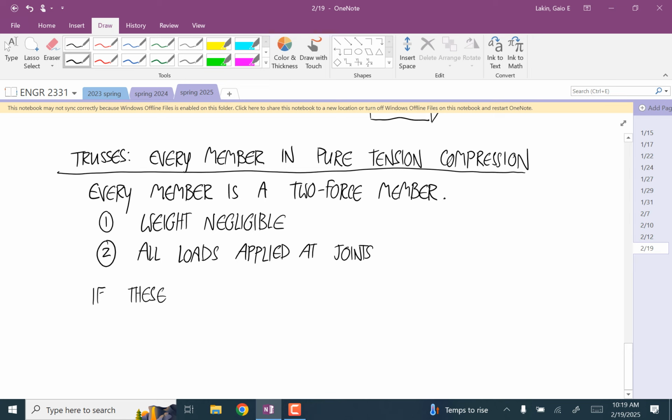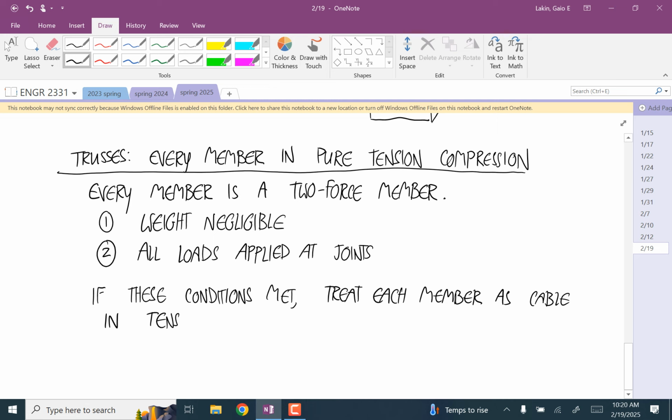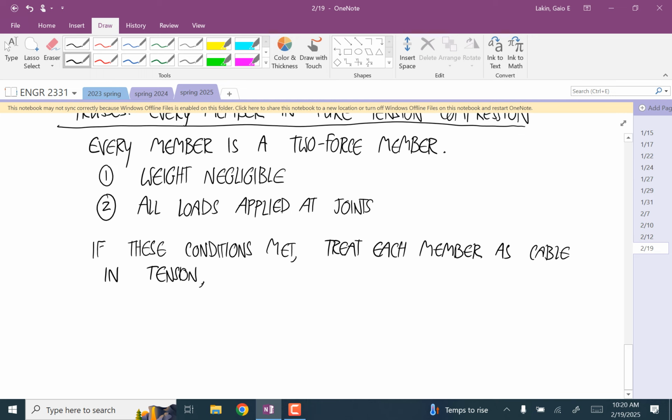If these conditions are met, treat each member as a cable, so let's say as a cable in tension, and then use Newton's second law on each joint.